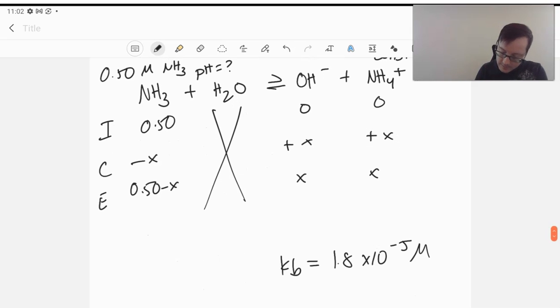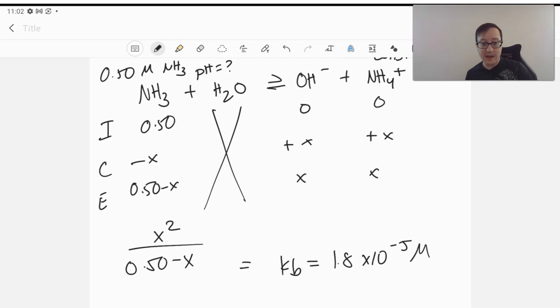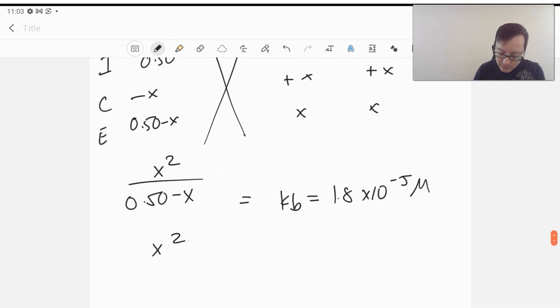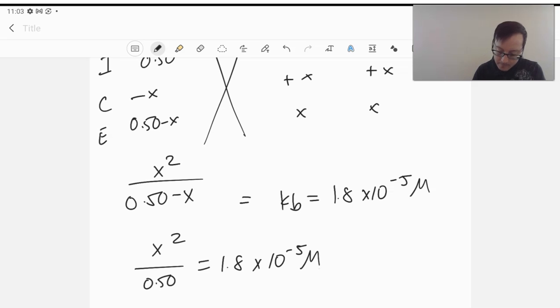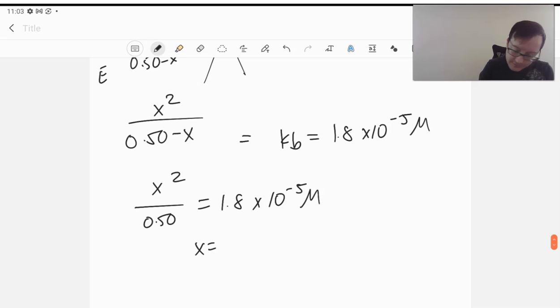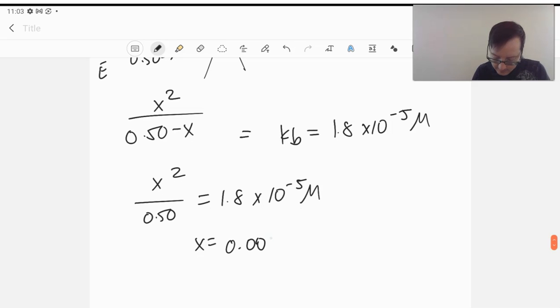Same idea here. We have our Kb, so we know that x squared over 0.50 minus x will be equal to our Kb. Let's go ahead and make our assumption that x is going to be smaller than 5%. We will always check. And in doing this, if we solve for x using our calculator, 0.5 times 1.8 times 10 to the negative 5th, square rooted, we get 0.003.